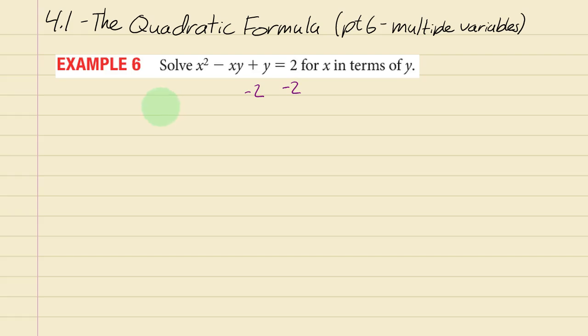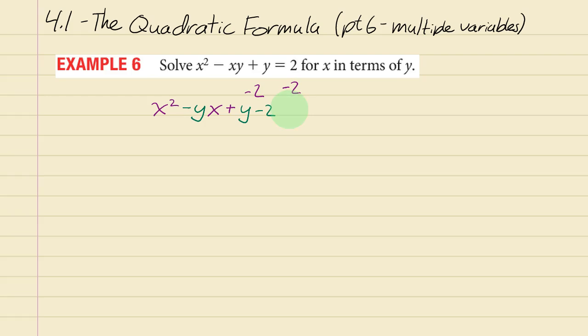So that's going to make it look like x squared minus, I'm going to write it a little different so you can sort of see what are the A, B, and C here. So I write it as minus y times x, and then plus y minus 2.